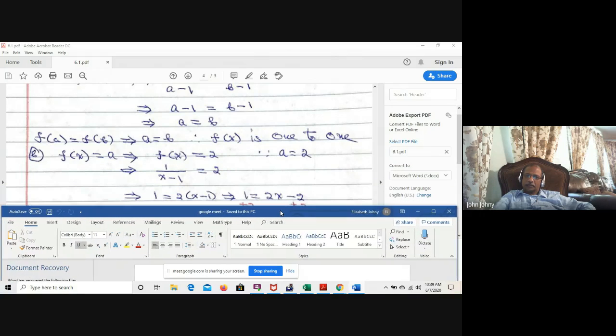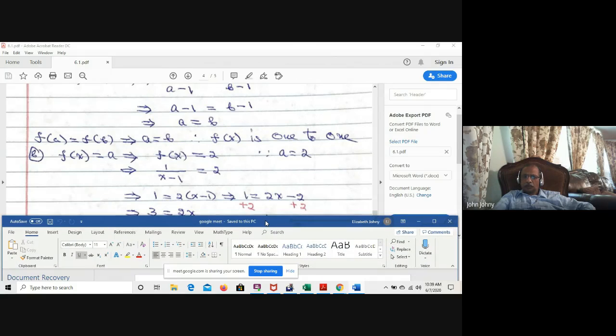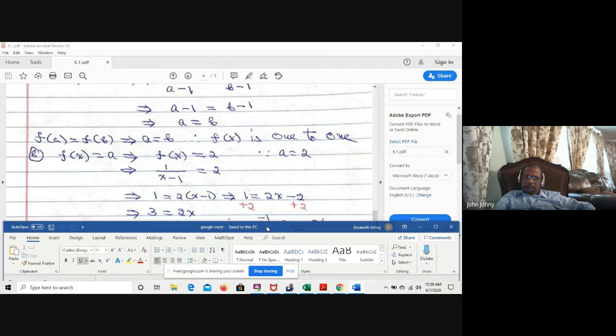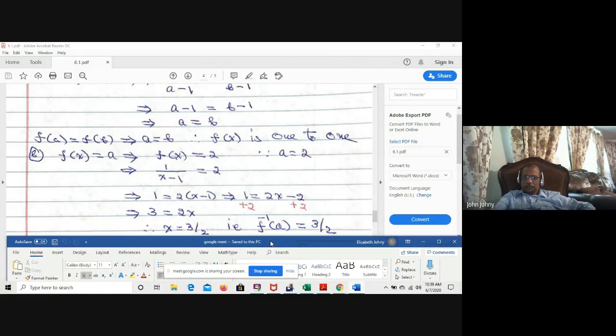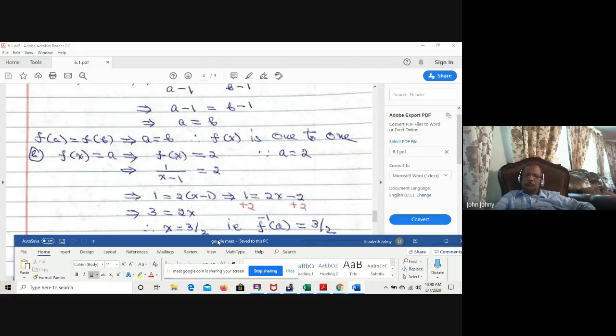Cross multiply: 1 is equal to 2 times x minus 1. You multiply both sides by x minus 1. That is 1 is equal to 2x minus 2. You add 2 on both sides. 3 is equal to 2x. So x is equal to 3 over 2. Therefore, f inverse of a is equal to 3 over 2.